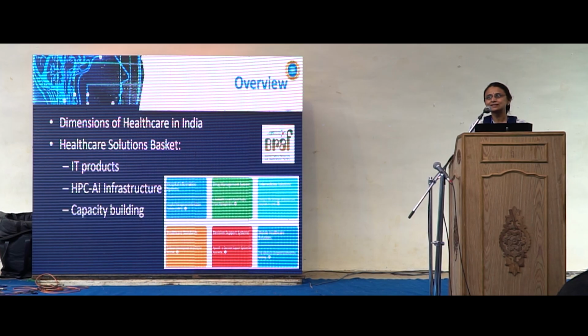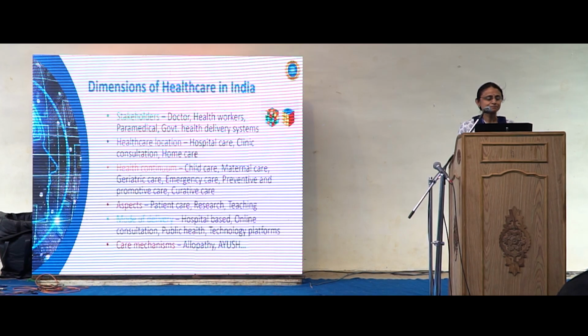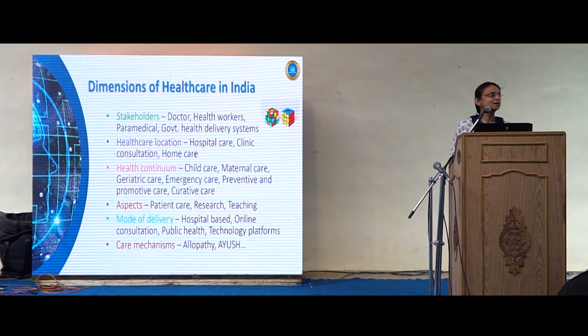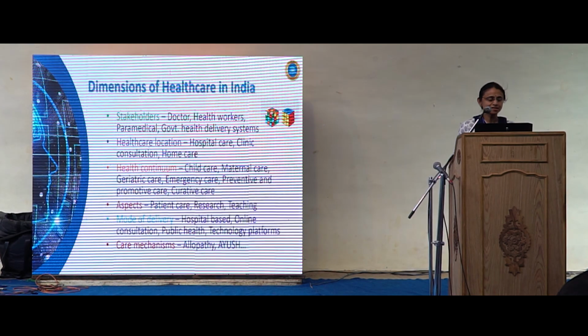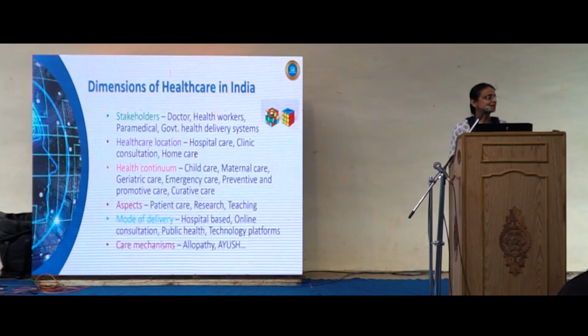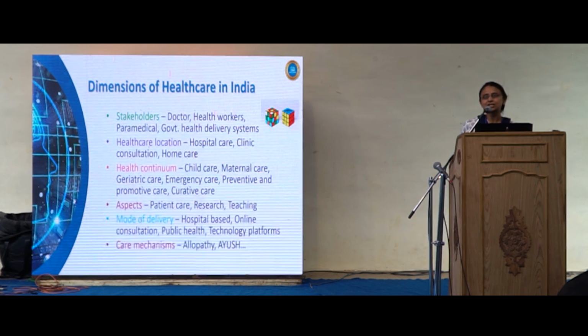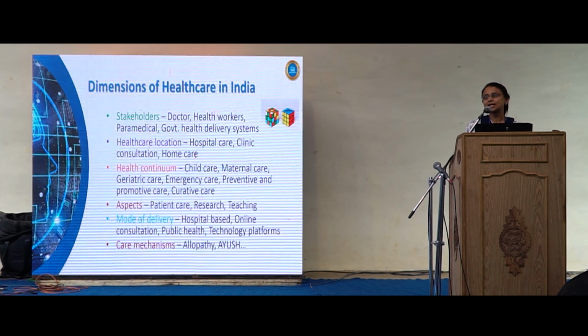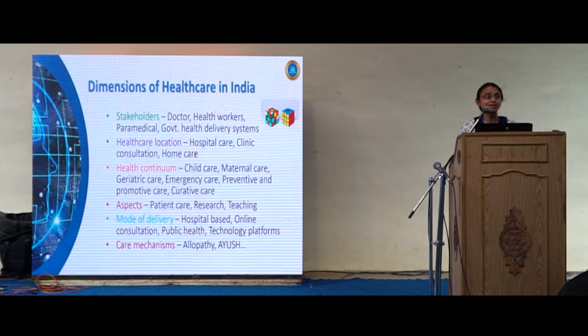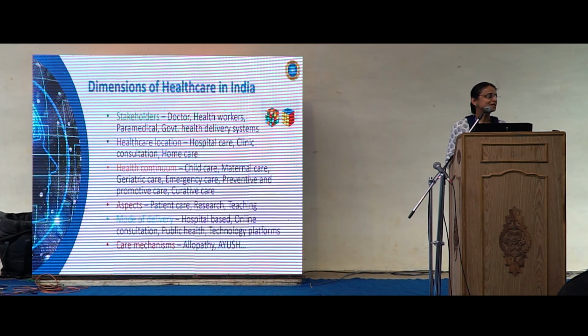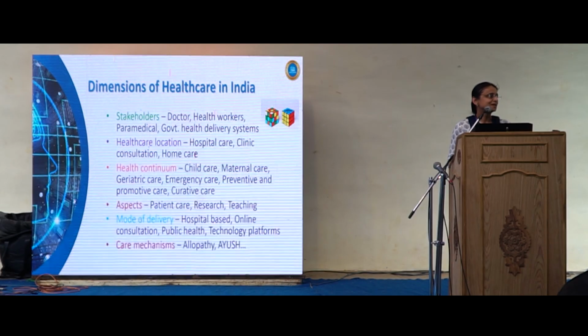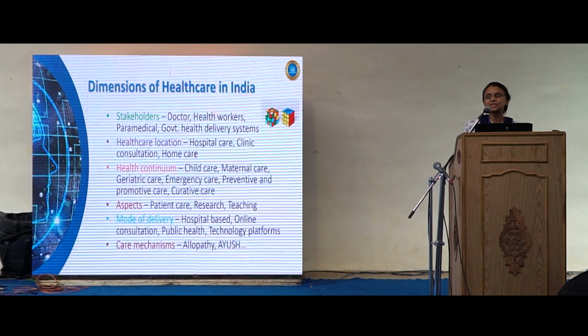So we have looked at a lot of dimensions in terms of the stakeholders involved, in terms of the healthcare locations, in terms of healthcare continuum. So we must be wondering like what is the need for so many kinds of health solutions really, and where does all this different terminologies fit in terms of giving us something impactful, something useful.